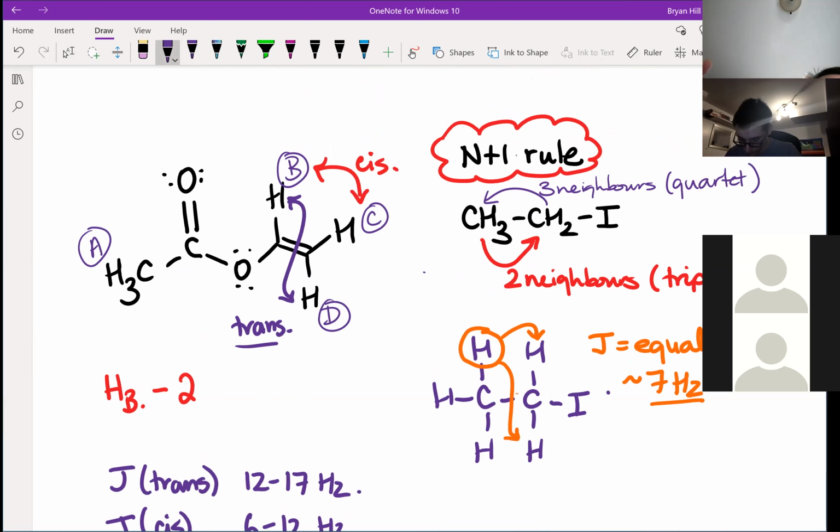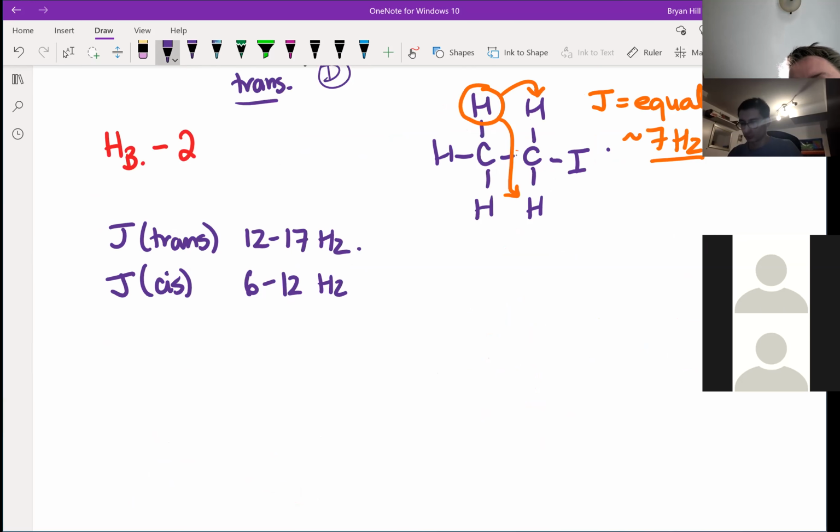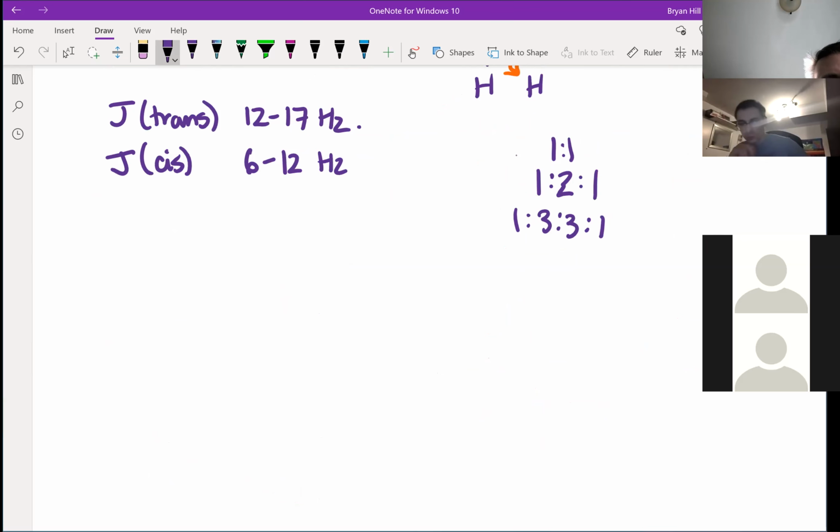When you've got protons that are not equivalent, you can't rely on just the simple Pascal's triangle of doublets, triplets, quartets in such a fashion. It doesn't work because the coupling constants are different. So what we need to do in situations like this is use what we call a splitting tree.